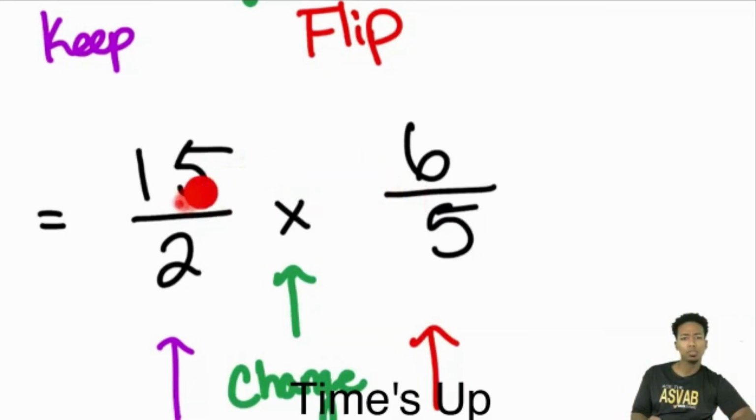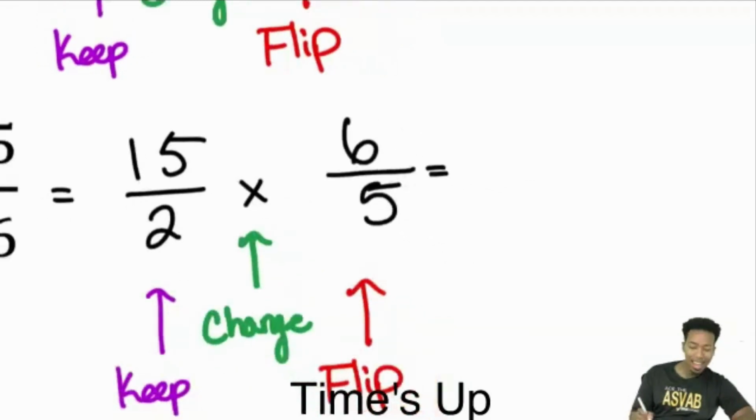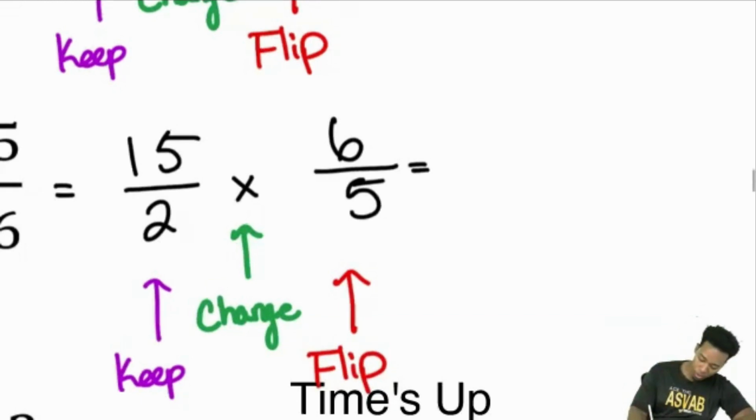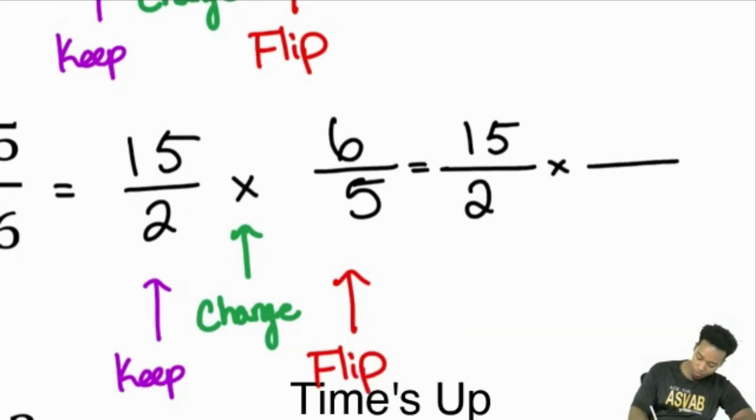Which one of these numbers is divisible by 2, the 15 or the 6? The 6. So here's the thing, everybody: we can break down the 6 into 2 times 3. Let me rewrite everything nice and simply. 15 over 2, and then we're going to say that 6 is the same thing as 3 times 2.